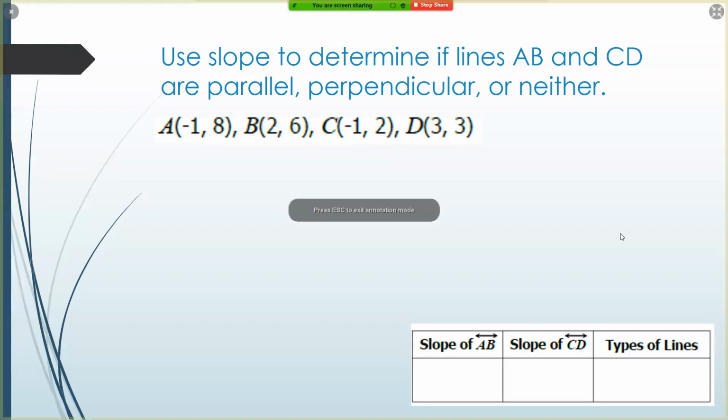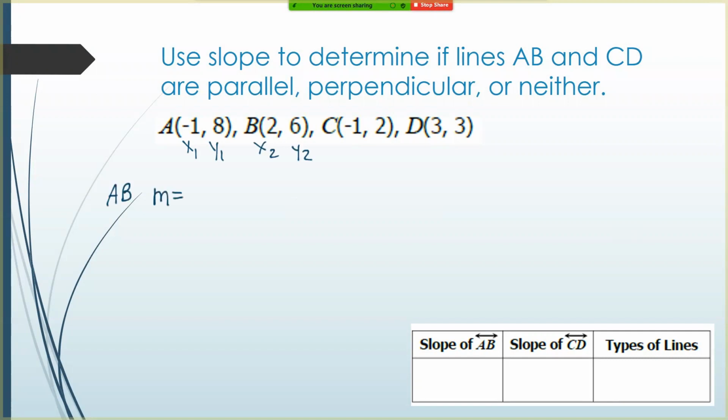So here again, we're being asked to determine if lines AB and CD are parallel, perpendicular, or neither. So we're going to start off by finding the slope of AB. X1, Y1, X2, Y2. And then the slope formula is Y2 minus Y1 divided by X2 minus X1.